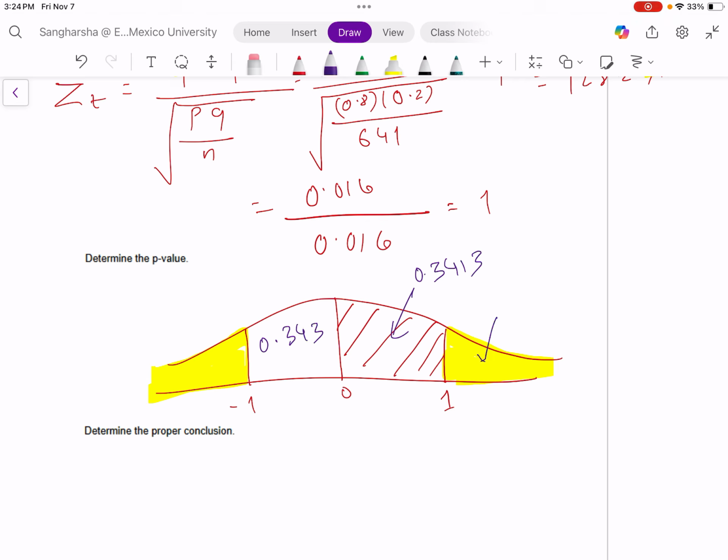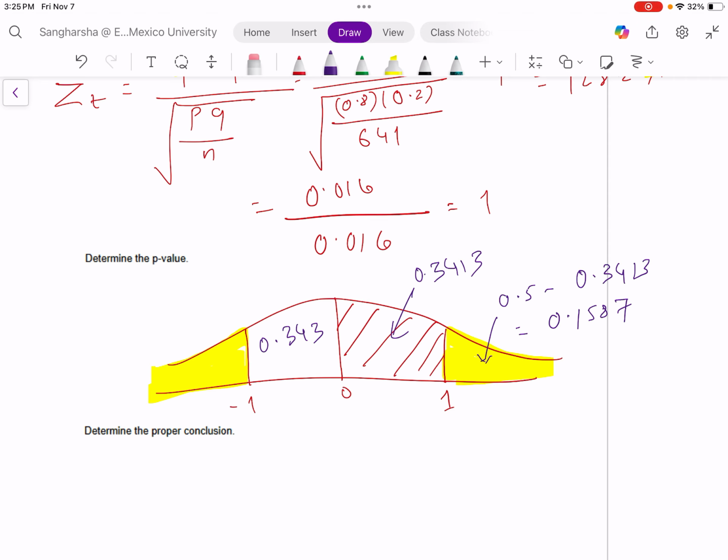So the yellow region would be 0.5 minus 0.3413, which is 0.1587.